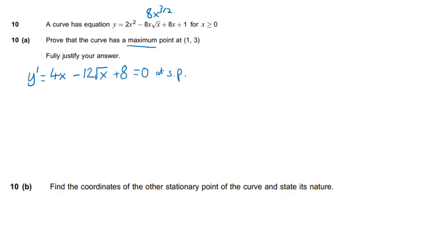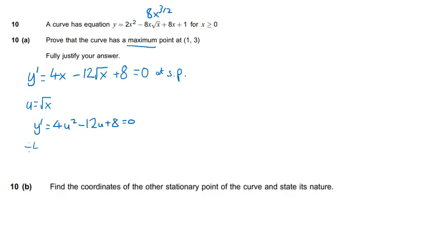But what we can do is we can make a substitution. So we can put u is equal to root x. So y primed, so x is going to be u squared then. So that's 4u squared minus 12u plus 8 equal to 0. And that is something that we can solve.